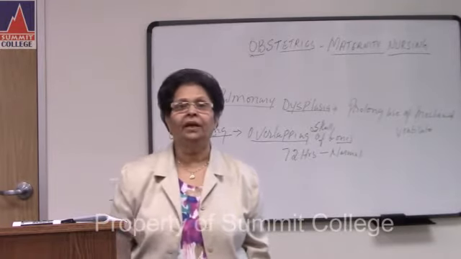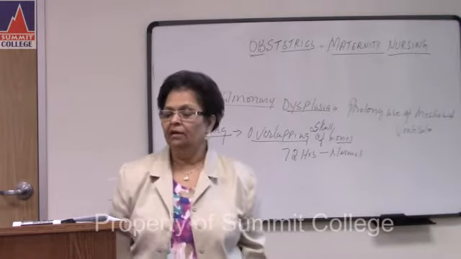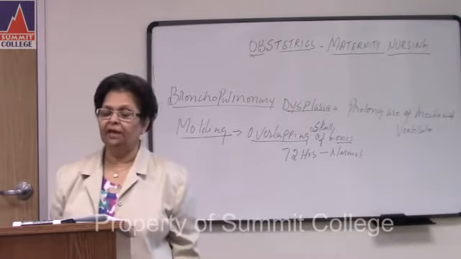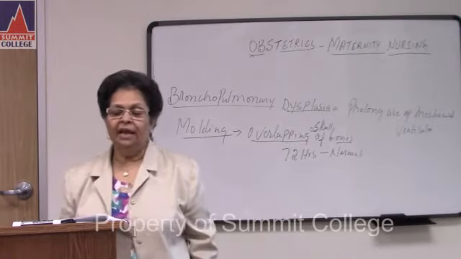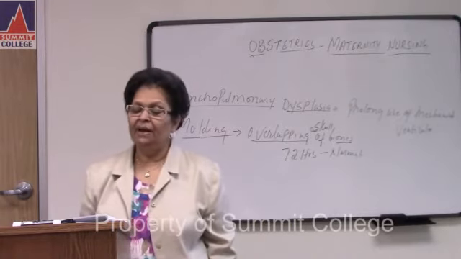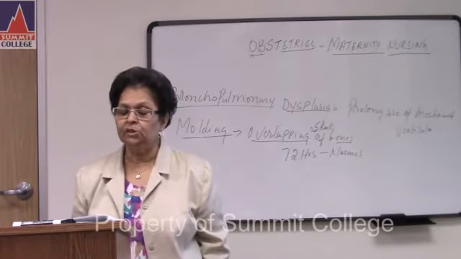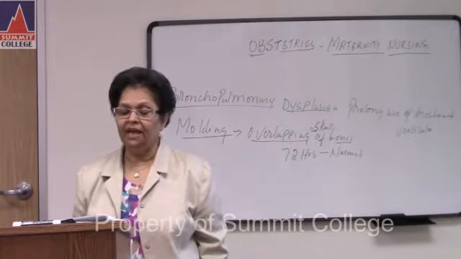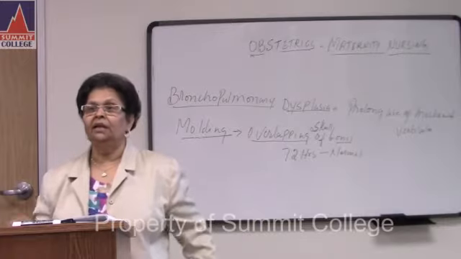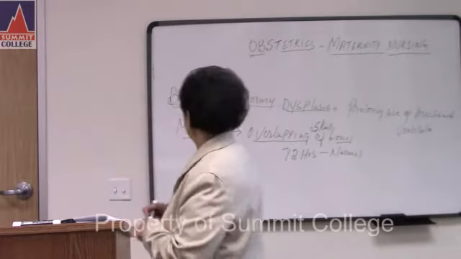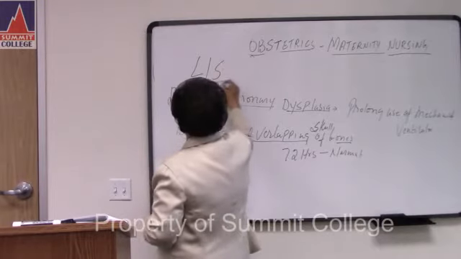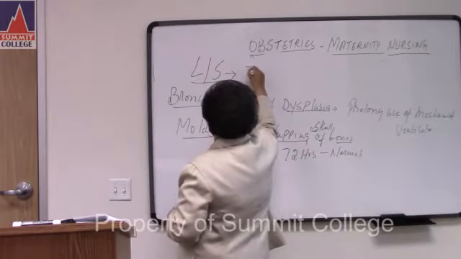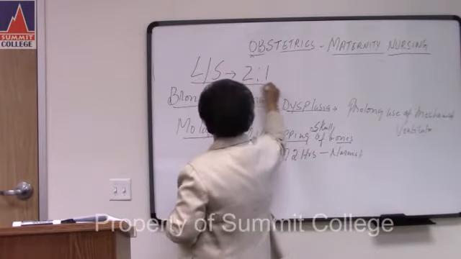Nifedipine or Procardia is a blood pressure medication, but they can also use it. And Ritodrine, another medication, is used. Next you have betamethasone. Yesterday, for betamethasone, I said lung maturity. Remember, those who were here, we do the test, LS ratio test, and 2 to 1 is normal.